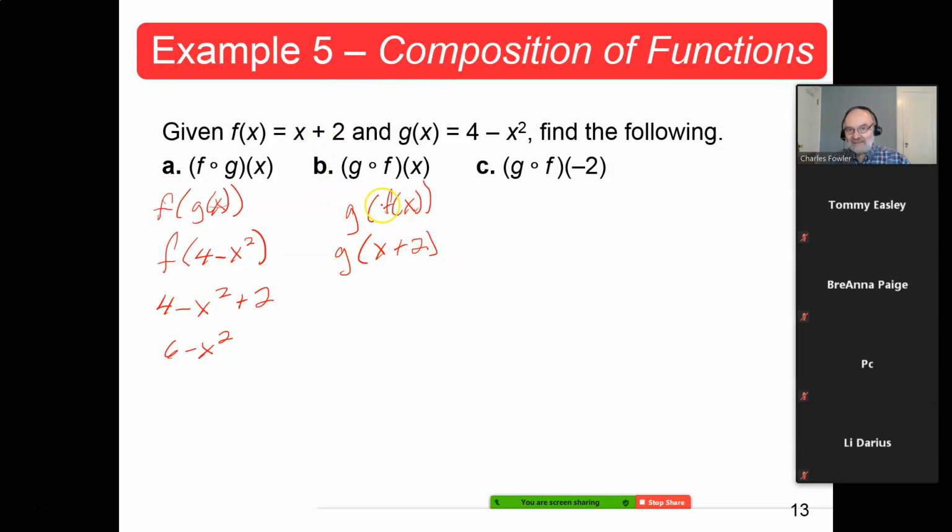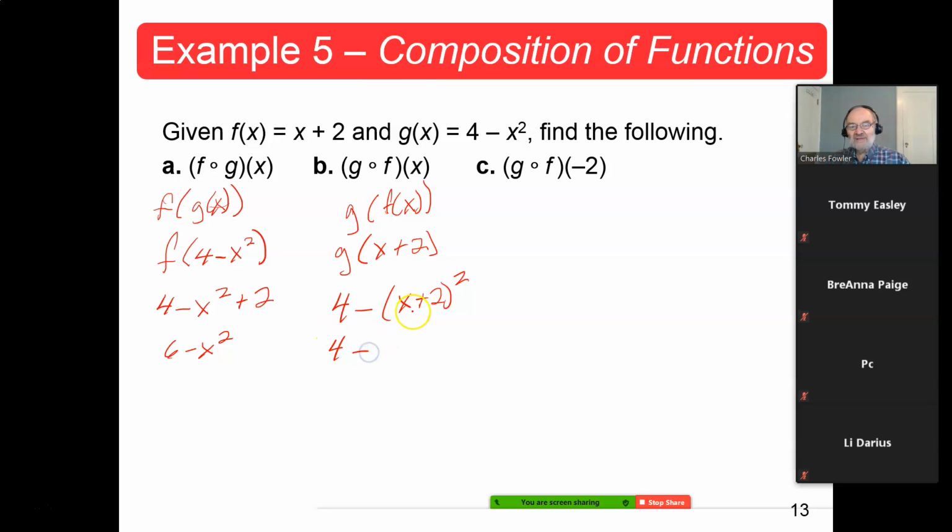You just write that in. Okay, now what does G tell you to do? G says start with the number 4 and subtract from that whatever's in this parentheses squared. What's in the parentheses is x plus 2, and we're going to square it. Okay, that's going to take a little bit of work.